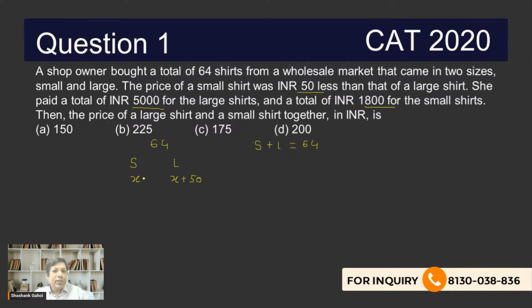So on small shirts, how much money is being paid? That is S into X, and that is equal to 1800. And on large shirts, how much amount is being paid? That is 5,000. So it is going to be L into X plus 50, and that should be equal to 5,000.